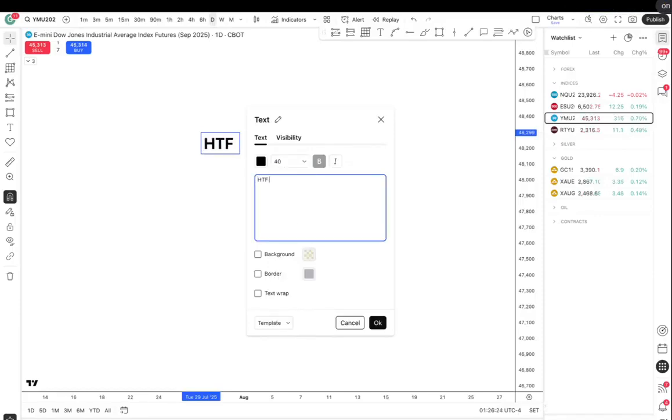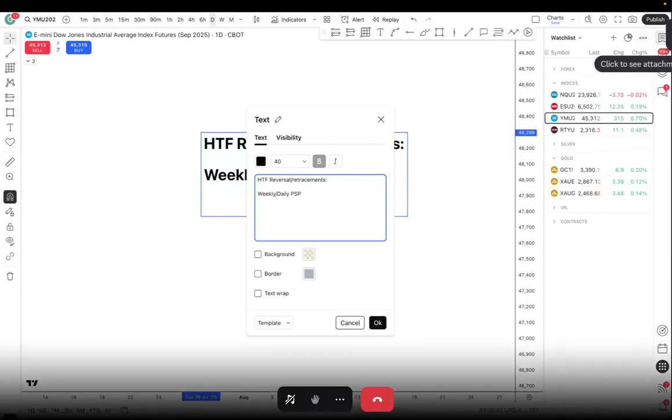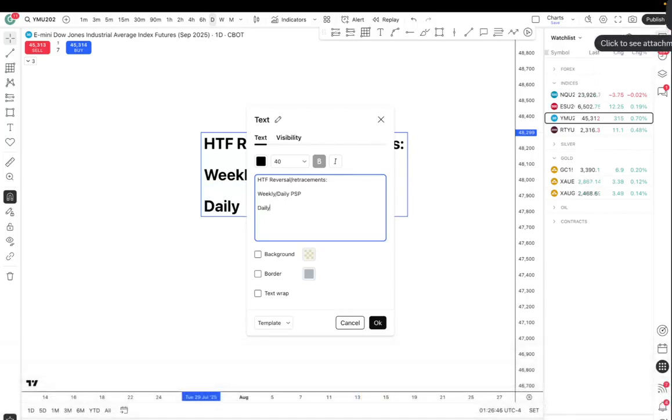Alright, so higher time frame reversal class, retracement. You're going to be using weekly/daily PSP for daily profiling.